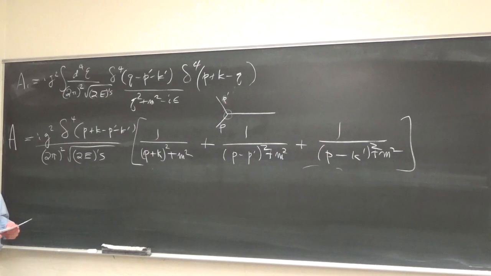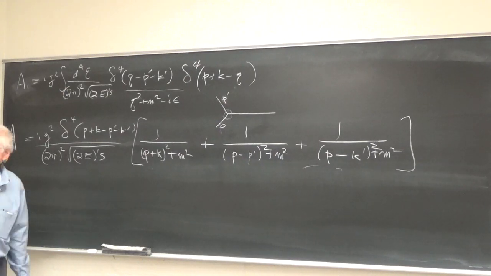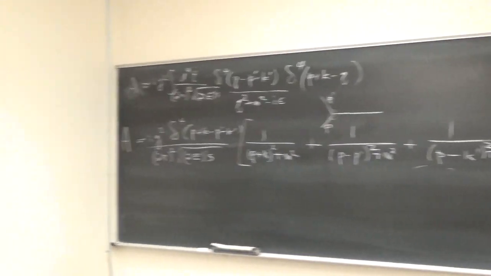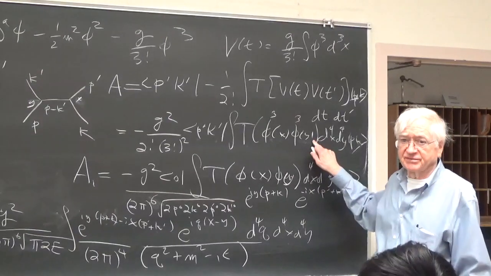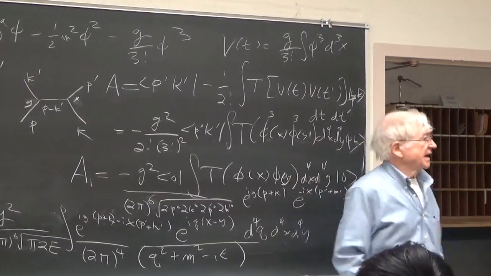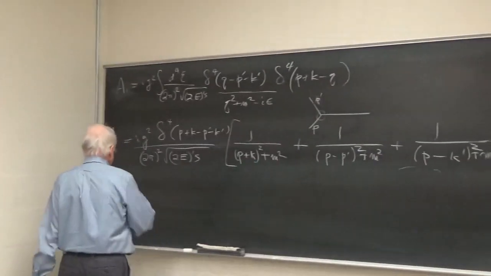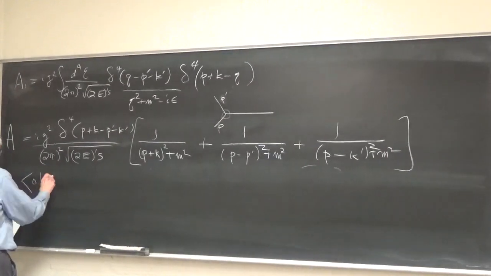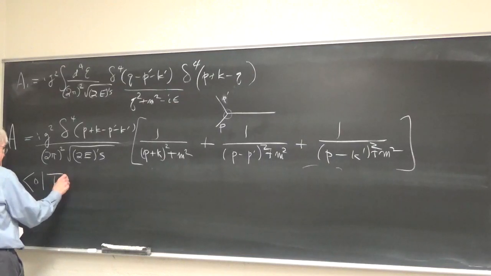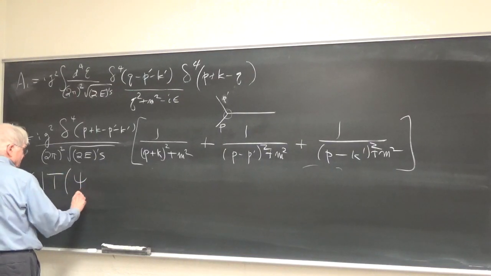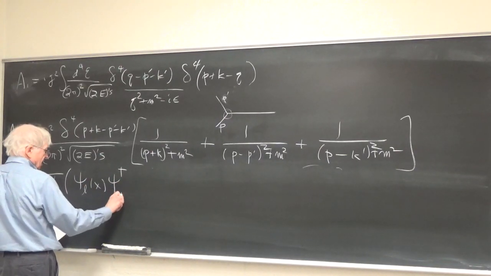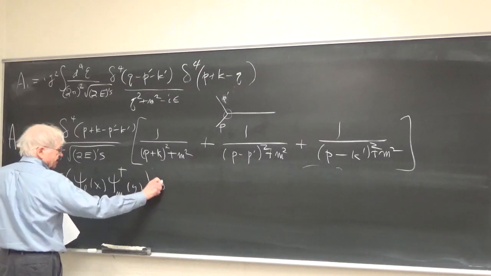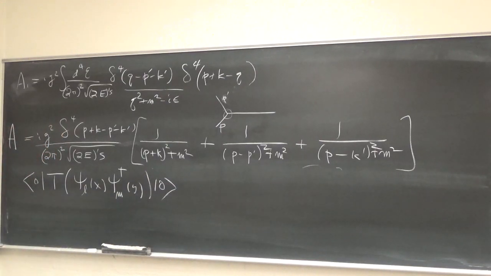So we need to consider a process in which, when we go through a Feynman diagram, what we're left with is two fermion fields. And in particular, the case that actually occurs is this. It's going to be the time-ordered product of psi_l of x with psi dagger_m of y in the vacuum. So that's what I want to do now, and this will be the Feynman propagator for spin 1/2.